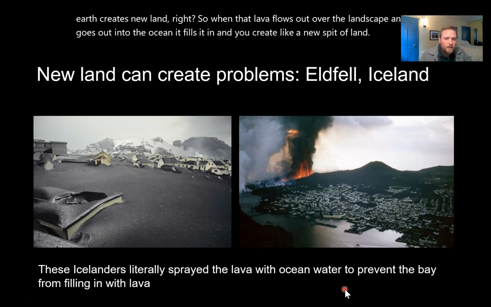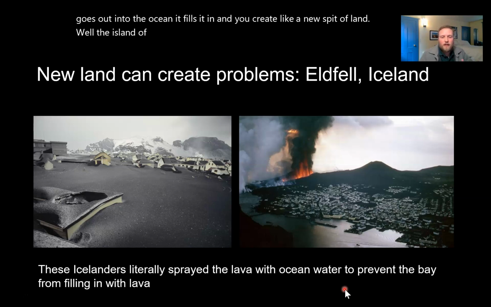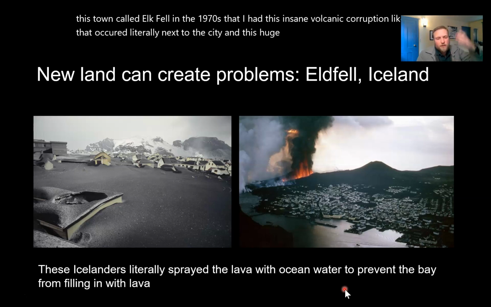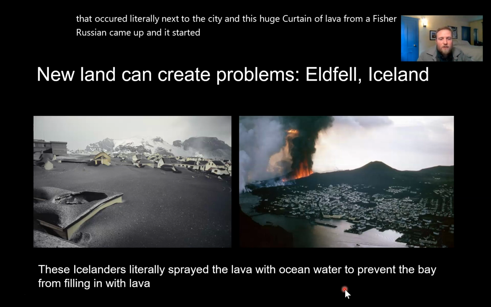Well, the island of Iceland is an entire island based on volcanoes. And there was this town called Eldfell in the 1970s that had this insane volcanic eruption that occurred literally next to the city, and this huge curtain of lava from a fissure eruption came up, and it started to flow out into the bay.